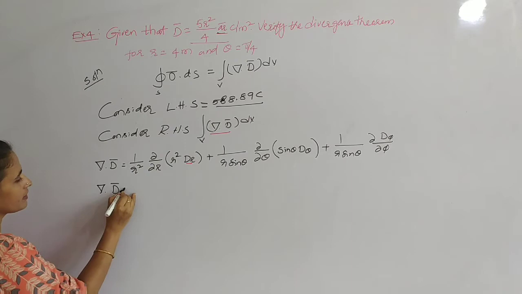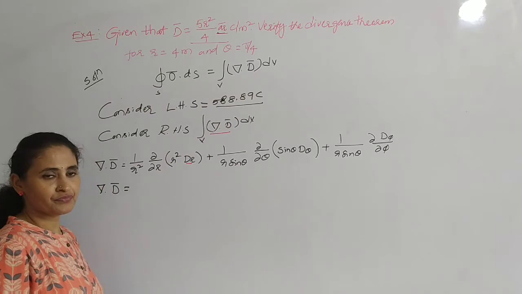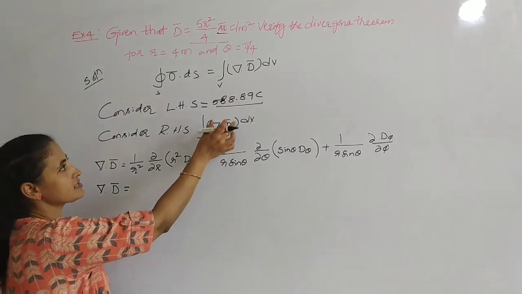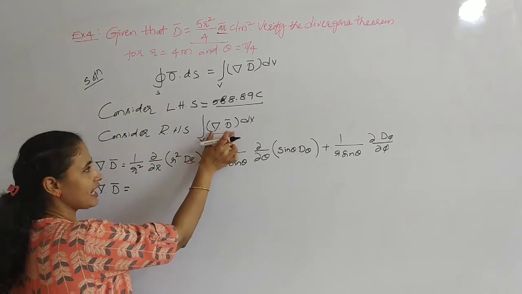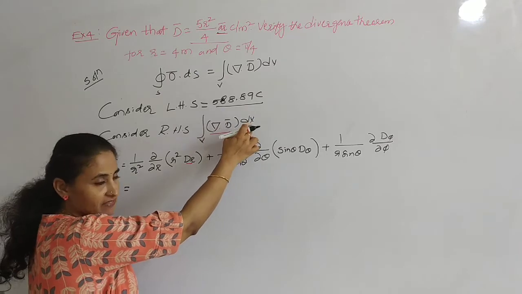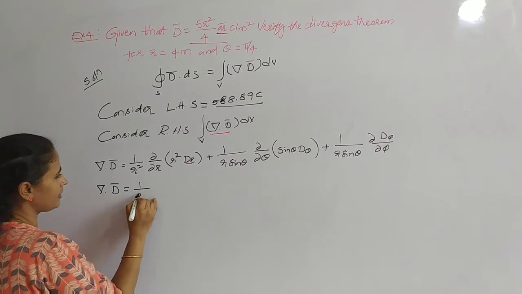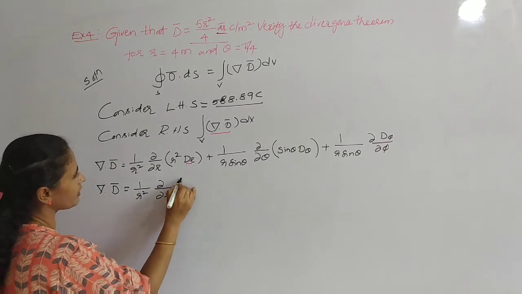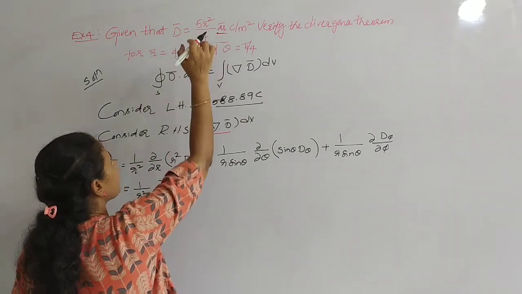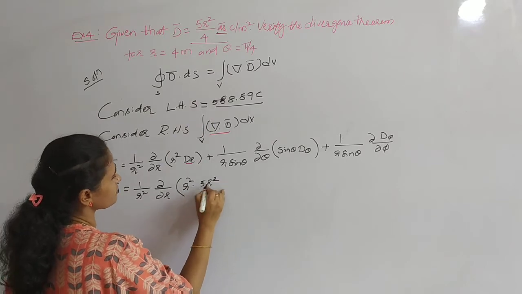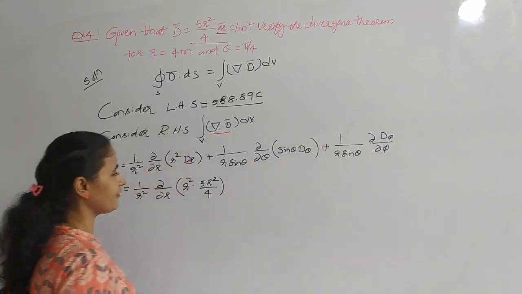Okay. Now, we are trying to obtain the RHS of the divergence theorem, which is the volume integral of the divergence of d bar. First we will obtain this term, then we will multiply with dv and apply the volume integral. So in this one, 1 by r square dou by dou r of r square into d r, meaning the A R component, is 5r square by 4 A R, and no d theta term, no d phi terms are there.